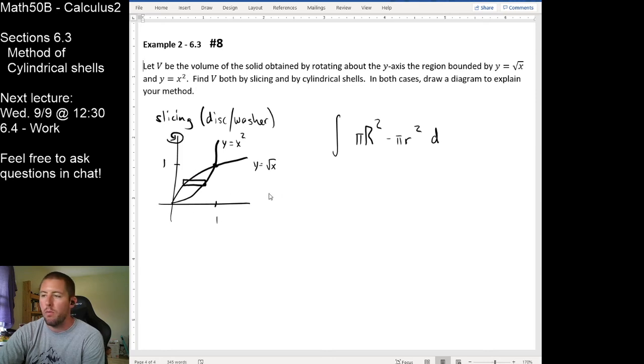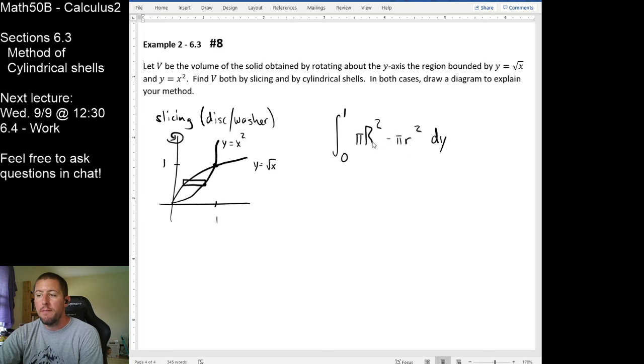So I am going to do this as a dy. Now that I've decided that my integral is with respect to y, I can pick out the y bounds associated with my graph. This one's a gimme since the x bounds are the same as the y bounds, but I'm picking y equals 0 to y equals 1 because I am imagining a vertical stack of washers.